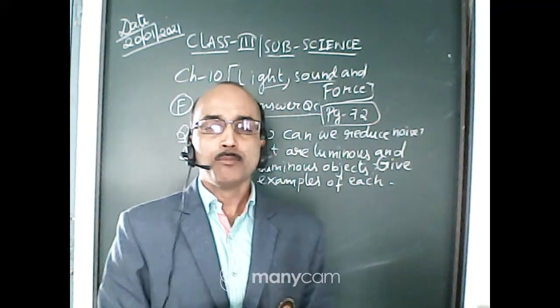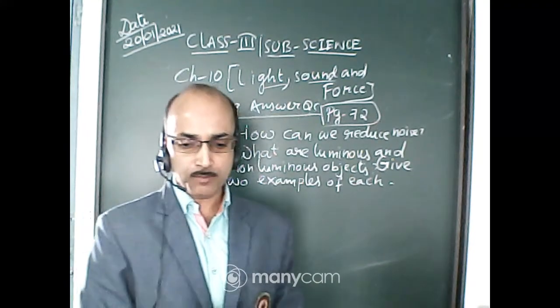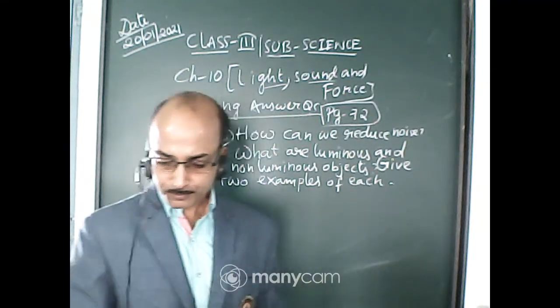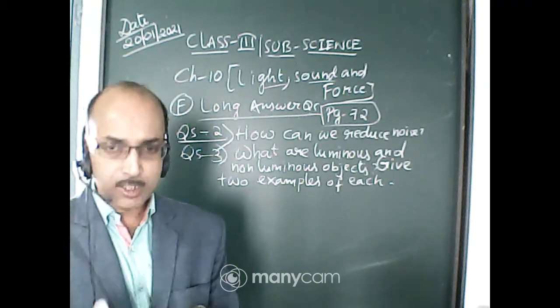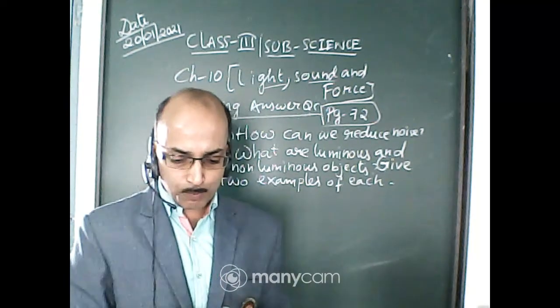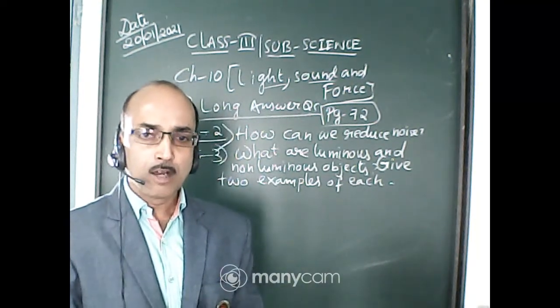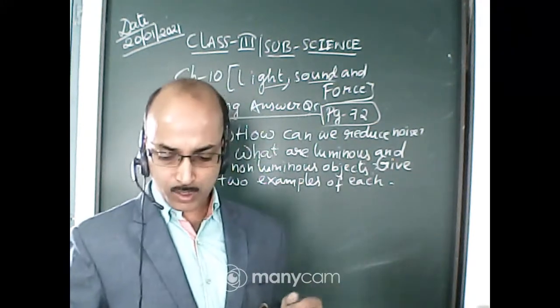Examples, book and chair, or you can write table and chair, any option. Very easy answer, you can find it there. So I have discussed and revised it once more. We have completed the question answer part from the exercise of chapter 10, light, sound and force.